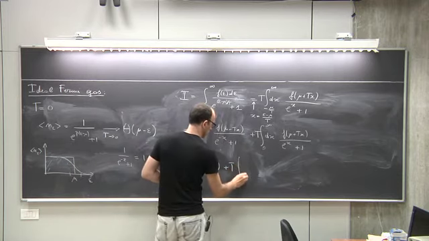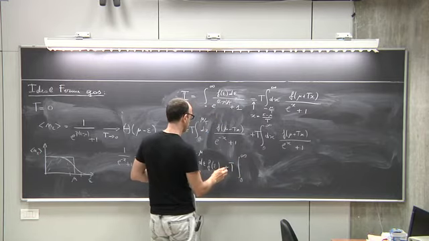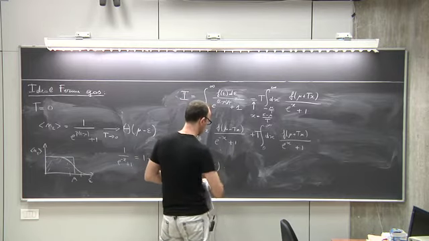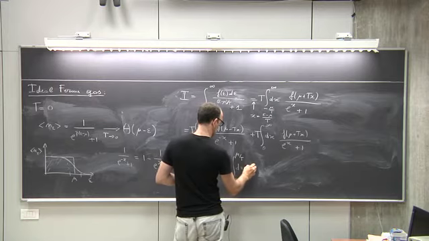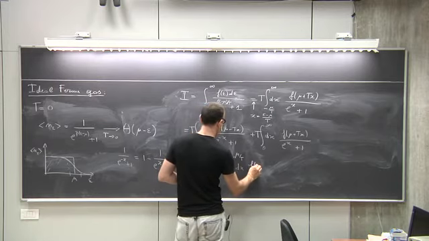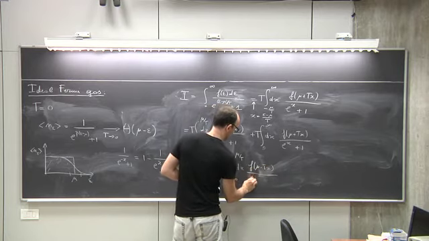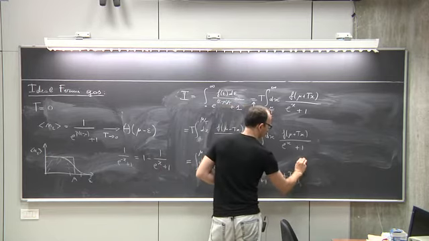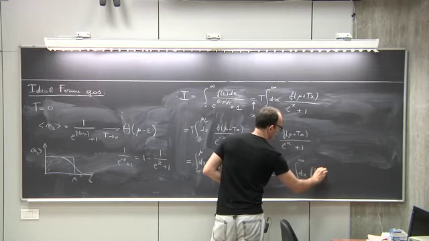So let me write it explicitly. Minus integral from 0 to mu over t dx f of mu minus tx over e to the x plus 1, plus the other integral from 0 to infinity dx f of mu plus tx.